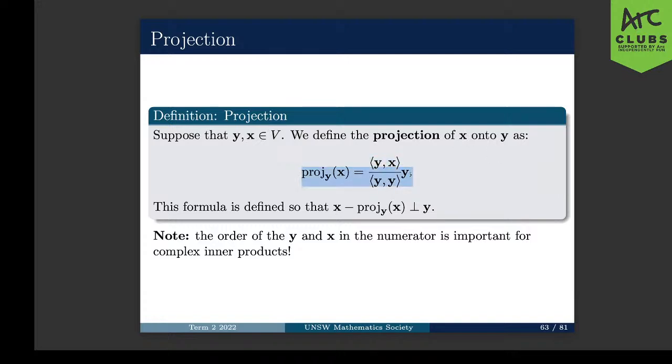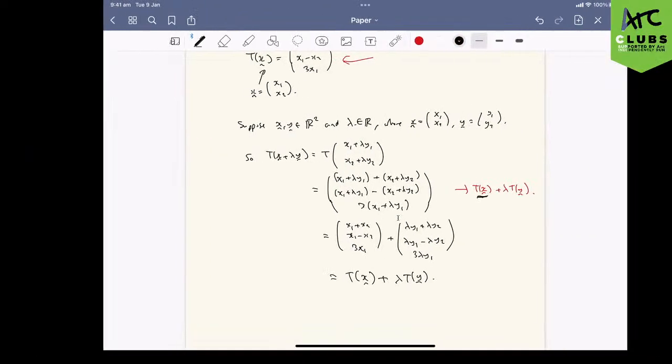This looks very, very similar to the projection on Rn that you might have seen. And for this, the order actually matters because the field might be complex and we have to deal with complex conjugates in that case. And so this formula is defined so that x minus the projection of x onto y is perpendicular to y. And let me just show you how that works.